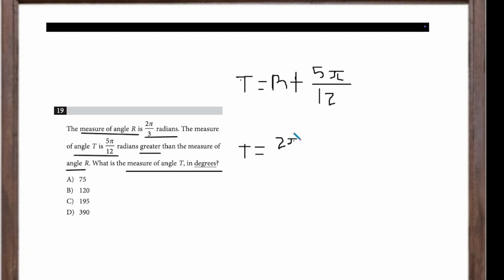So T is equal to 2 pi over 3 plus 5 pi over 12. And now we want to simplify because these are fractions and we're doing addition and they don't have a common denominator. We're going to multiply the initial fraction by 4 to reach a common denominator of 12 using our greatest common factor.